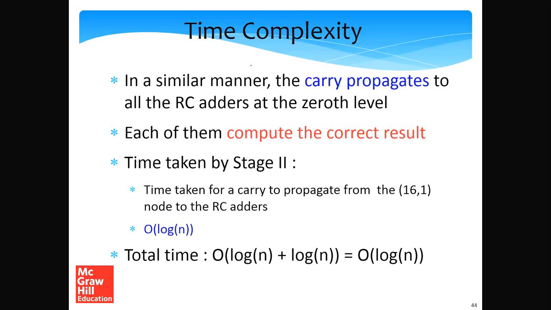So basically, stage one took order of log n steps. Stage two takes order of log n steps, and addition at the end is constant time, so we ignore. So here we go. The total time that it takes is order of log n, which is exactly what we had set out to prove. That we can have an adder, in fact, a very fast adder.